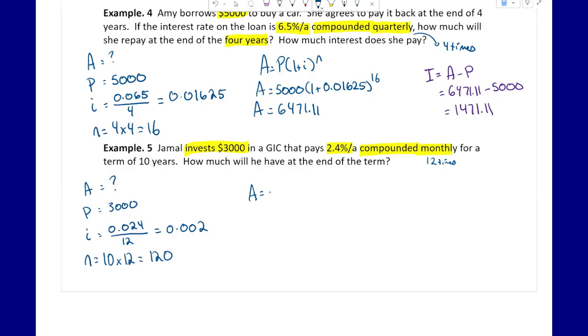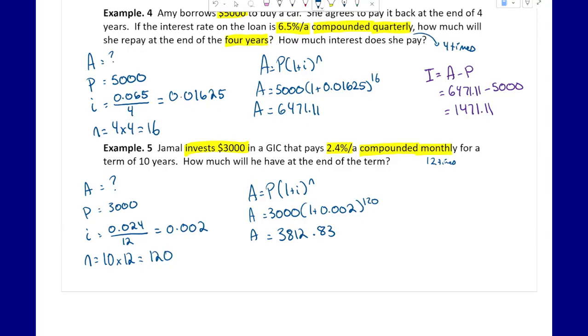I now have all my information. I can plug it into my formula. 3,000 times 1 plus 0.002 to the power of 120. And we would have $3,812.83 for our new amount at the end of 10 years.